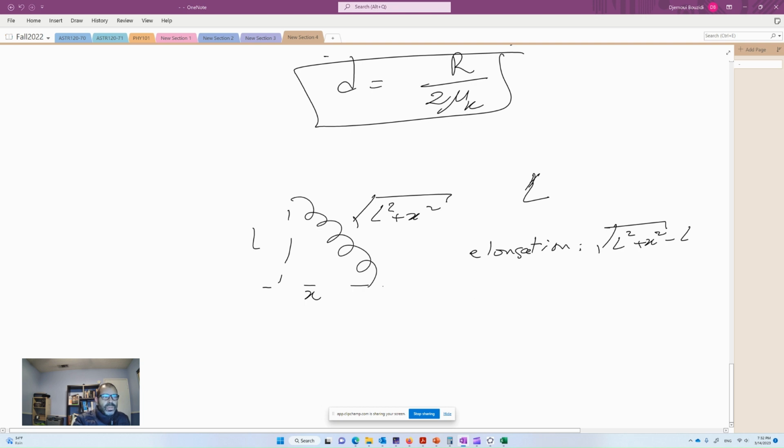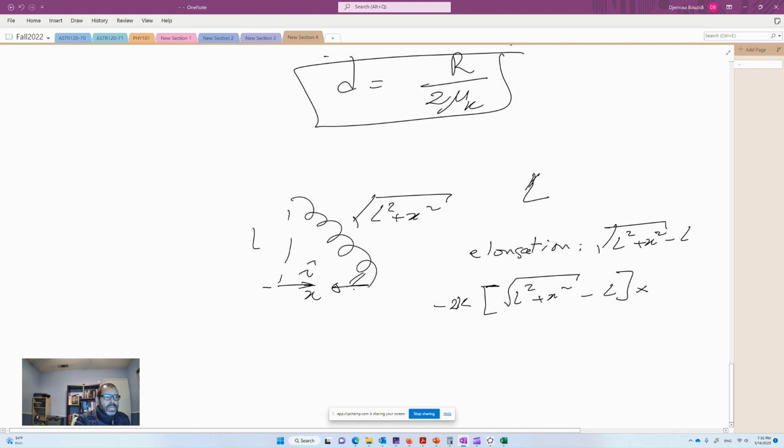So all I have to do is just write this force, which is equal to k times, again, it's negative because this is i hat, it's in the negative direction. So the force is minus 2 of them, because there is another one I didn't draw at the bottom, 2 times the elongation, and the elongation in this case is going to be equal to the square root of L squared plus x squared, minus L, times the cosine of this angle.